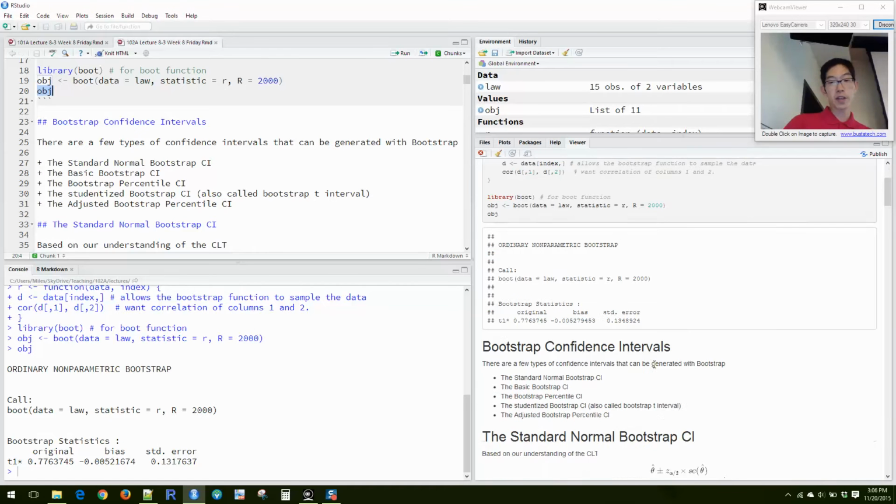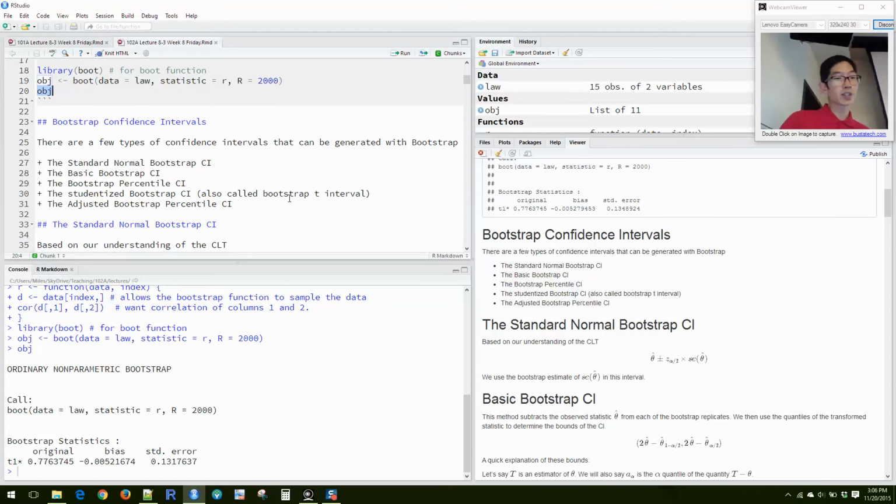Okay, there are 5 confidence interval types that we'll talk about. These are all Bootstrap confidence intervals, and you might ask, why are there so many confidence intervals? But we've got the standard normal Bootstrap, the basic Bootstrap confidence interval, the Bootstrap percentile confidence interval, the studentized Bootstrap confidence interval, also known as the Bootstrap T interval, and the adjusted Bootstrap percentile interval, also called a BCA confidence interval.